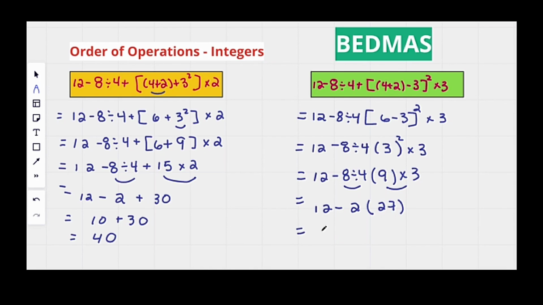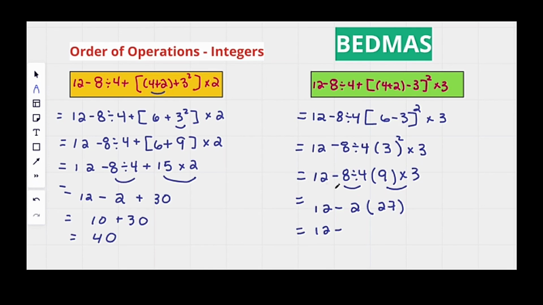Okay. Next line, we've got BEDMAS. What do we still have? We still have a multiplication and we have a subtraction. So we know the multiplication has to be done first. Okay. And now we're going to do 2 times 27, and just grab my calculator here. So we got 54.